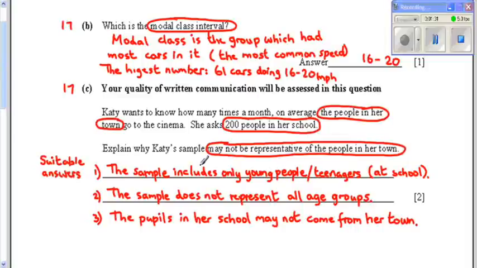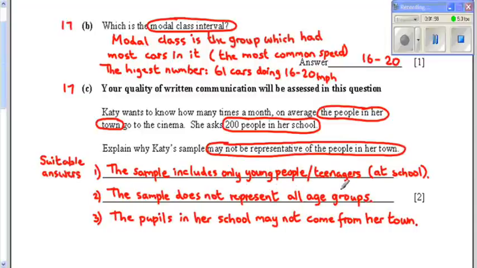You could have one out of any of these three. So the first one, hopefully you can see that the sample includes only young people or teenagers who are at school with her. So obviously that wouldn't be a good way to get a representative sample of the people in her town if she's only asking the young people in her school.